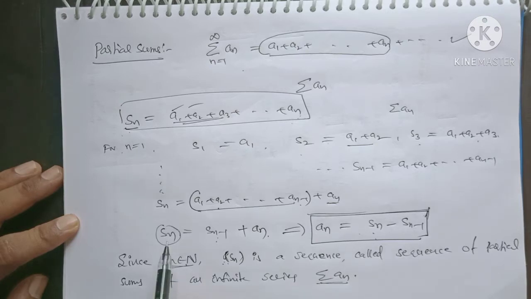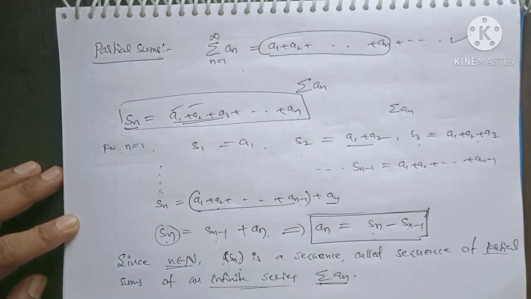So simply, the sequence Sn is called the sequence of partial sums of a series sigma an. To every infinite series sigma an, there corresponds a sequence Sn of partial sums.